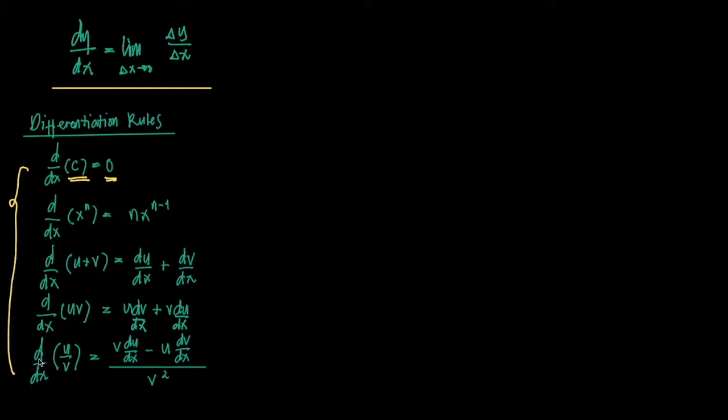The next one is what we call the quotient rule. So if we have a quotient of u divided by v, the result would be v times the derivative of the numerator minus the numerator times the derivative of the denominator, all over the denominator squared.